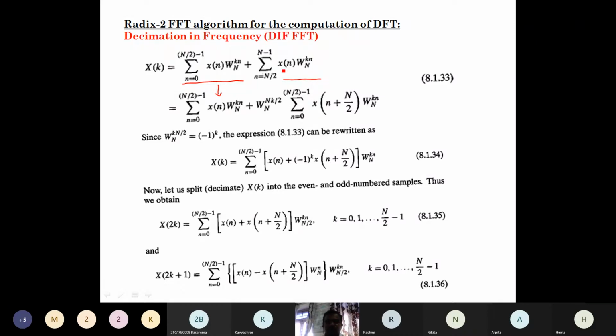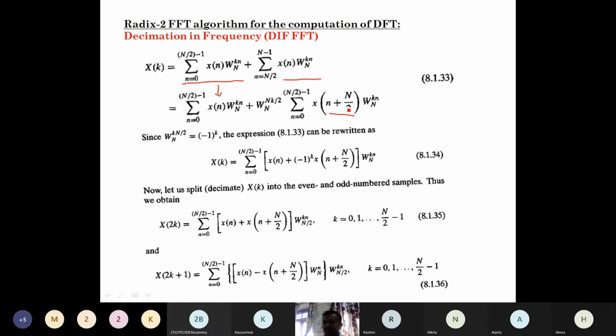So if I replace x of n by x of n plus N by 2 in the second half, what will be the answer?